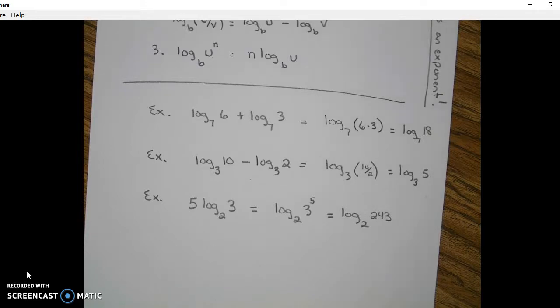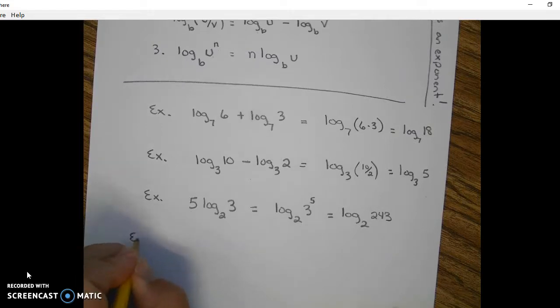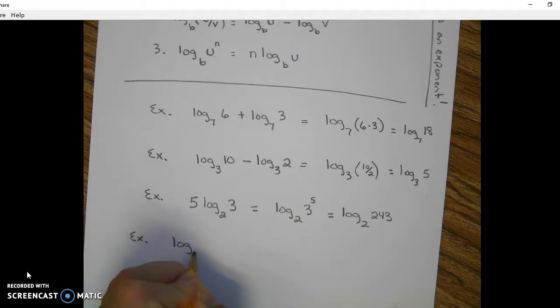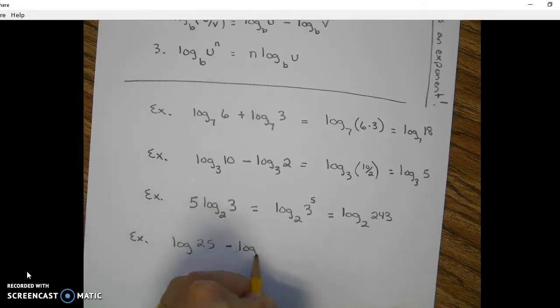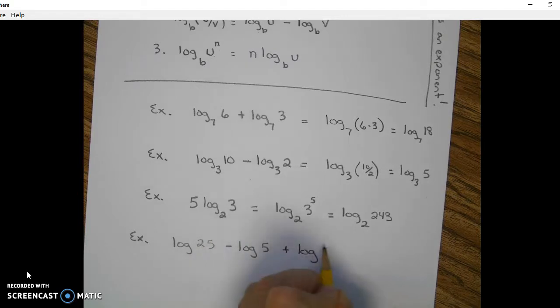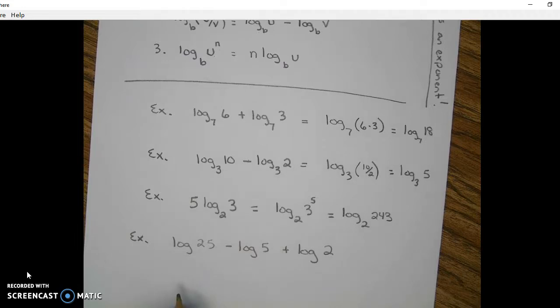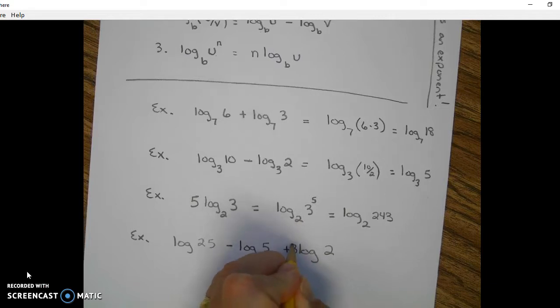Now let's take a look at a longer example. Let's do base 10, because when you're in base 10, you actually don't have to put a 10 down here. It's assumed to be there. So let's do log of 25 minus log of 5 plus log of 2, and let's put a 3 on the front of this thing.